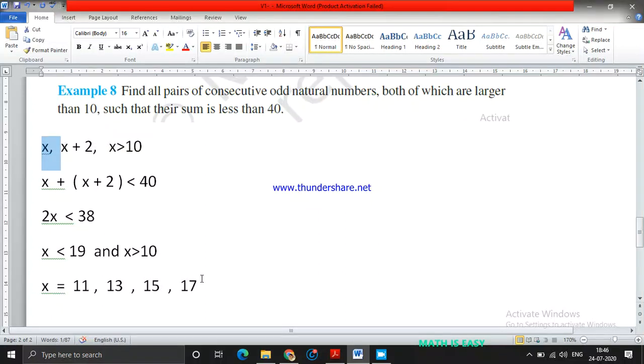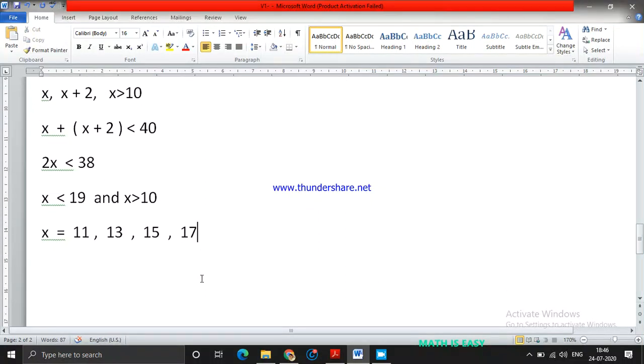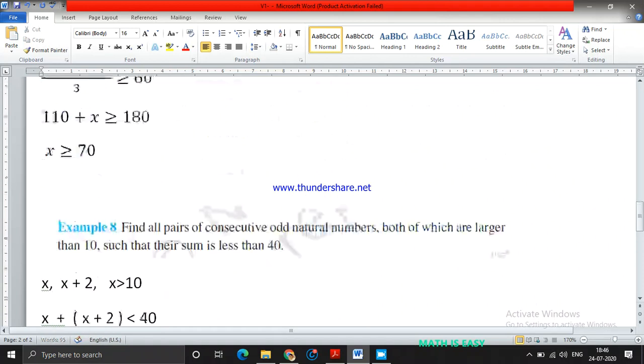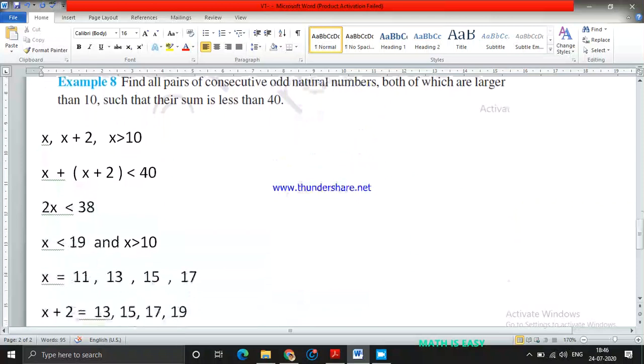So if I take these x values, what are the corresponding x plus 2 values? If x is 11, x plus 2 is 13, then 15, then 17, then 19. You can take x plus 2 as 19, but x cannot be 19; x plus 2 can be 19, no problem. So what does the question ask? Two consecutive odd numbers.